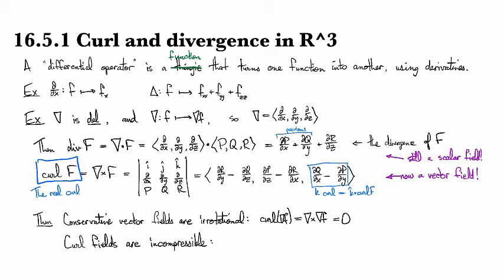This one reads like the divergence of the curl of f. So that's del dot del cross f is equal to 0.